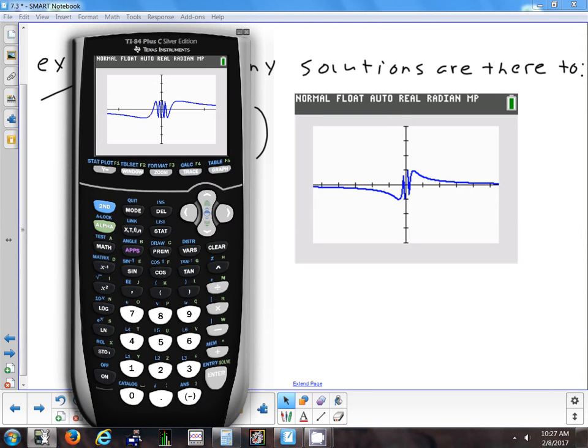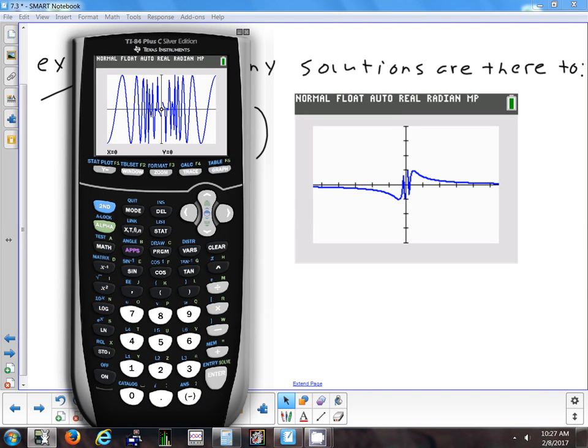It's getting large. Let's try negative 0.5 to 0.5. I think that still will contain all the solutions. I don't know. 2, 3, 4, 5, 6, 7.